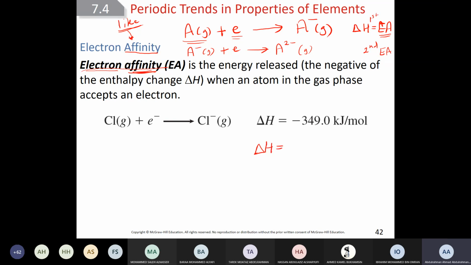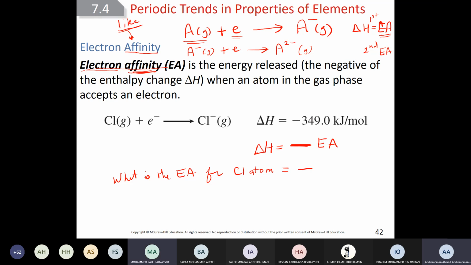Minus electron affinity. Clear? That's why if I ask you what is the electron affinity for chlorine atom, what's the answer?